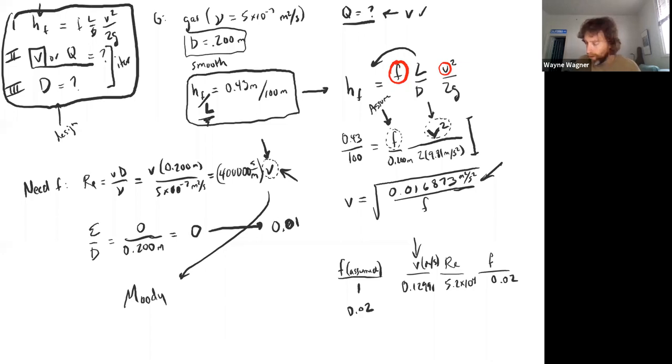So we'll go ahead and plug that in: 0.016873 divided by 0.02, raised to the 0.5. And we get 0.9185, and basically you just leave that number in your calculator.